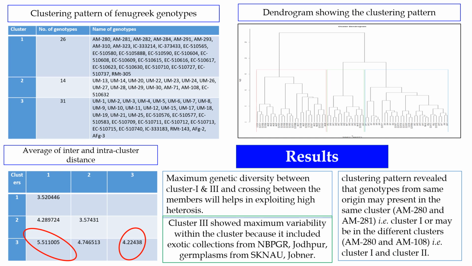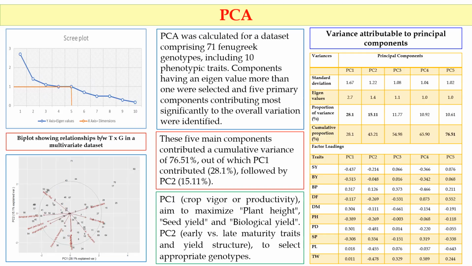The clustering pattern revealed that genotypes from the same origin may be present in the same cluster, like AM280 and AM281 present in cluster 1, and both originated from the Ajmer region, while they may be present in different clusters, like AM280 is present in cluster 1 and AM108 is present in a different cluster. So geographical origin can't explain the diversity present or vice versa.